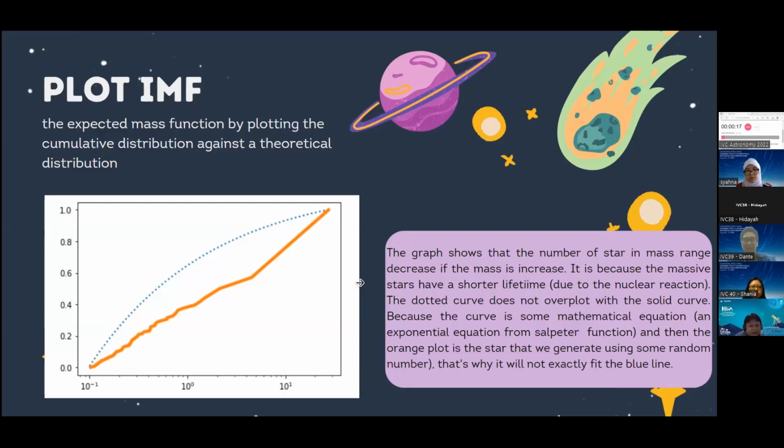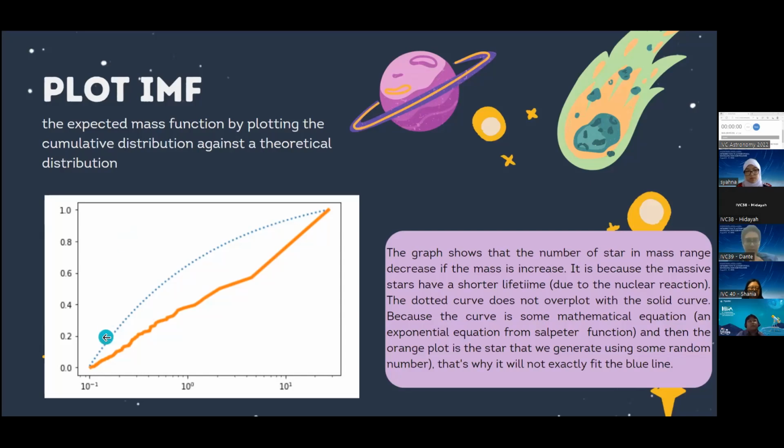No. This plot is a cumulative distribution. So the steeper the line, it means that the probability is higher. Yeah, the number is higher. I don't understand. So the cumulative mass.